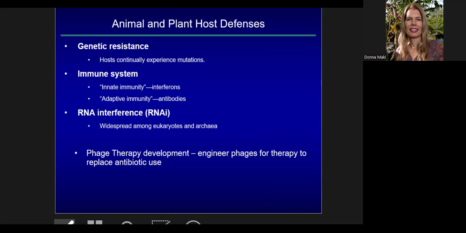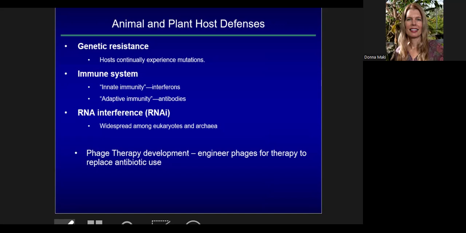So it's not like we're at the total mercy of viruses. However, viruses mutate so quickly that even if we have certain types of defenses, they can often mutate to get around them. But the phage therapy, you're probably going to hear a lot more about that in the next decade or so. I think that's going to become much more of a thing.